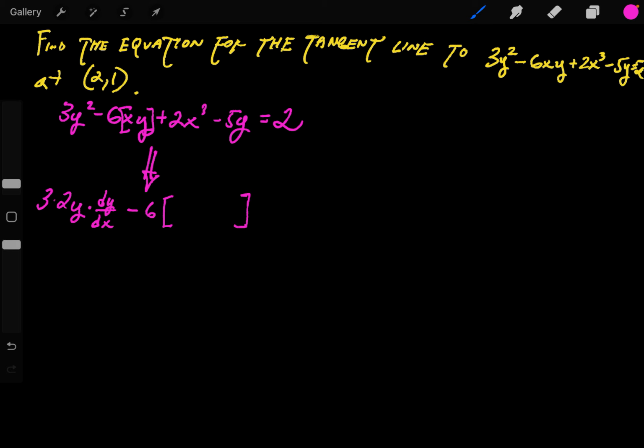Now the derivative of x times y, you need to know that you need to use the product rule. This is like f, this is like g. What's the derivative of f times g? By product rule, it's f prime times g plus g prime times f.